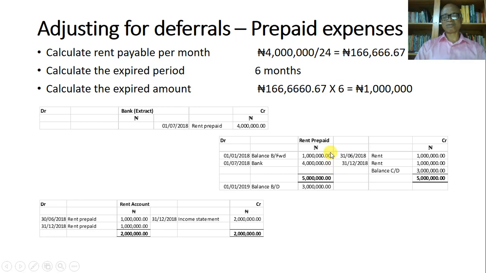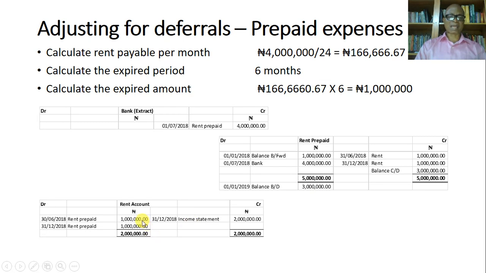So we're going to take 1 million by crediting it to the rent prepaid account again and debiting it to the rent account. So at the end of the day, you have a balancing figure here of 3 million. This balancing figure of 3 million will be brought down as the balance brought forward in this account. So it is now 3 million here. This is an asset to the company. It is a current asset to the company, rent prepaid.